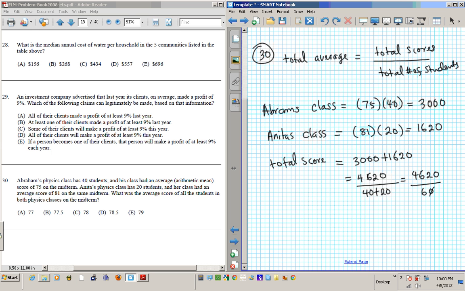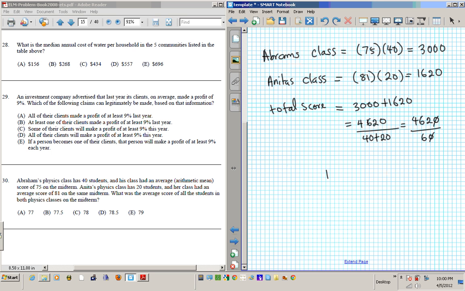Okay, I can divide by 10, cancel the zeros out, and then I'm going to divide 462 by 6. 6 goes into 46, 7 times 6, 42, and then I subtract that, I have 42. 6 goes into 42, 7 times 6, 42, 0. Okay, so your final answer is going to be 77. The answer is A.